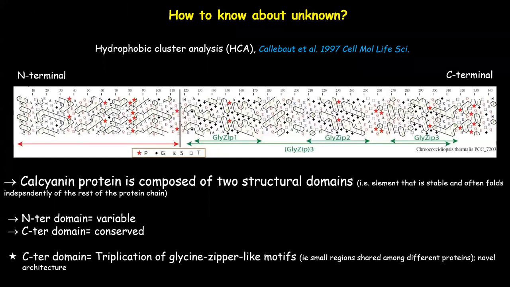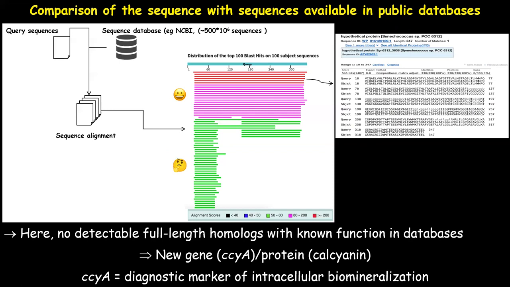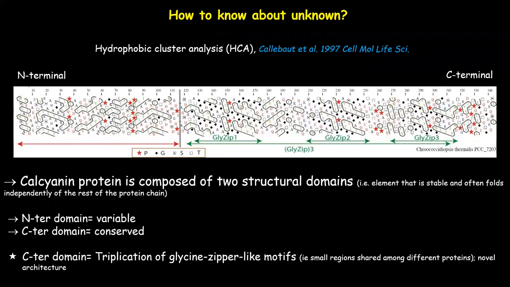And so that was the interesting thing because, before going there, we have something unknown, okay? We don't know that protein, we don't know that gene. And yet, there are some magicians who can tell something about unknown things using some approach, here the hydrophobic cluster analysis, and I won't dwell into that.